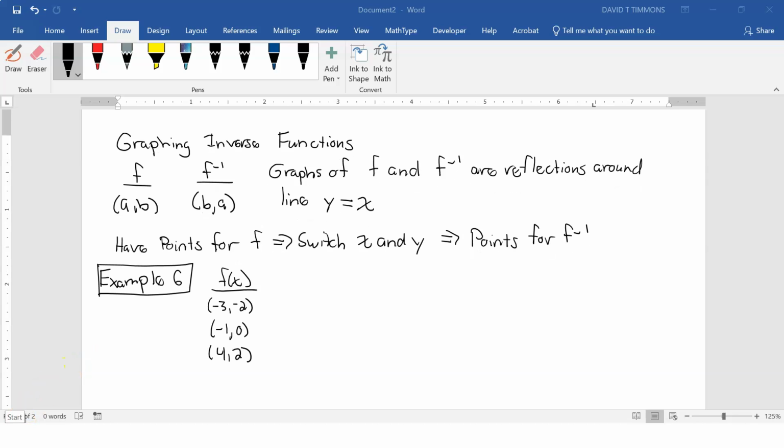In example 6 on page 320, we'll show you how you can graph the inverse of a function, knowing the points of f of x. So we have these points off a graph for f of x. To find the points of the inverse, we're just going to switch x and y.